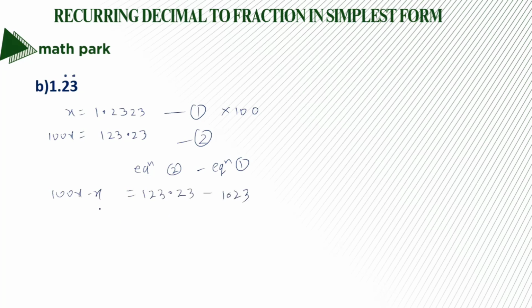So 100x minus x is 99x is equal to, the decimal gets removed here, and 3 minus 1 is 2. So we get 122. So you get x is equal to 122 upon 99. This is the fraction in the simplest form, cannot be simplified further. Okay, so you get 1.23 bar is 122 by 99.